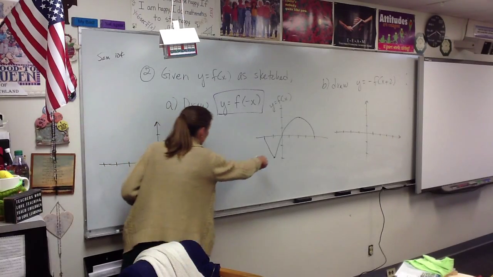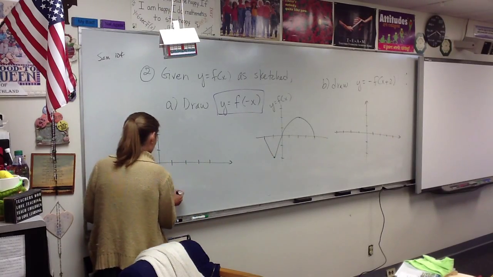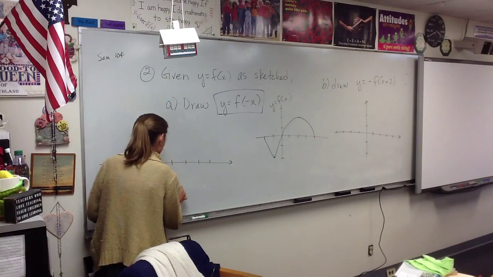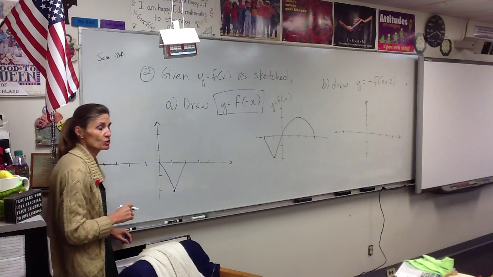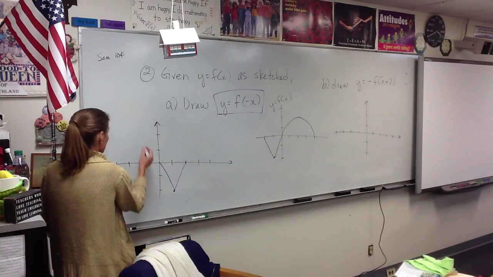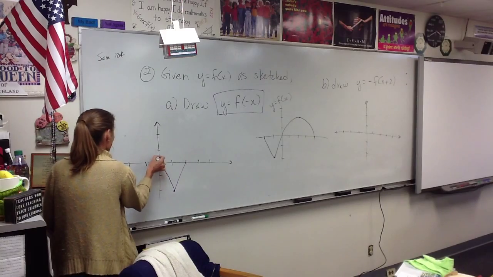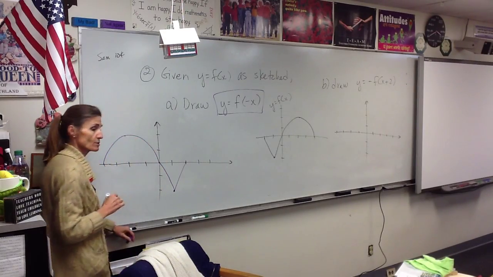So we're going to take this V right here, and instead of drawing it on the left side, we're going to draw it on the right side. It's going to be exactly the same V. It's just drawn over on the right side of the picture. And see that circle right there? Instead of being drawn on the right side, it's going to be drawn on the left side. There's your answer.